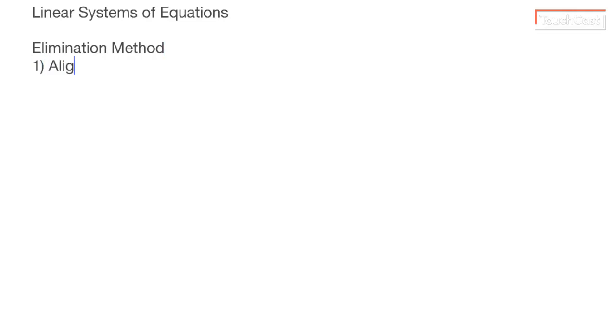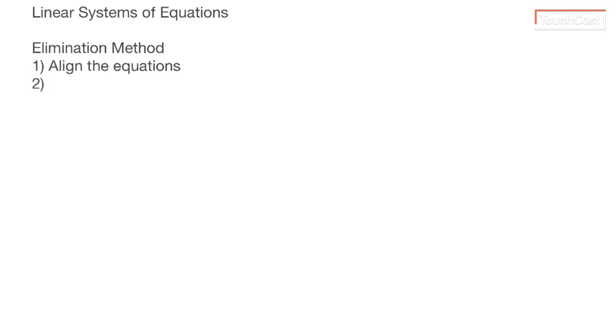The first is to align the equations, which means get all the variables on one side in the same order. So if you've got x's and y's, go x's first, y's second, equals your constant.